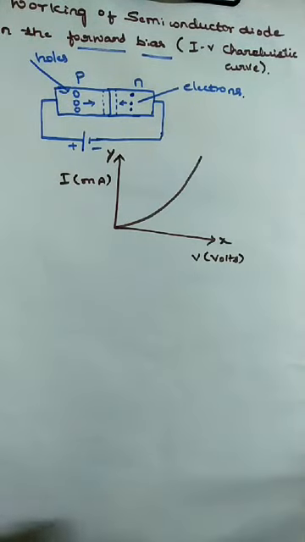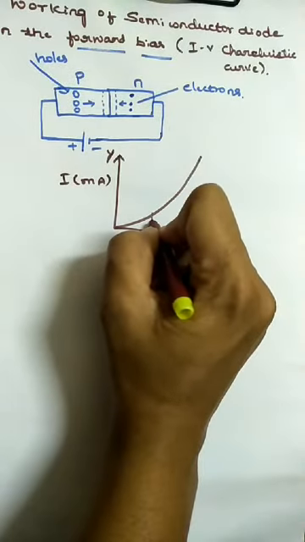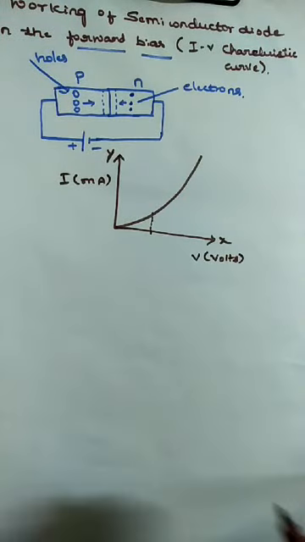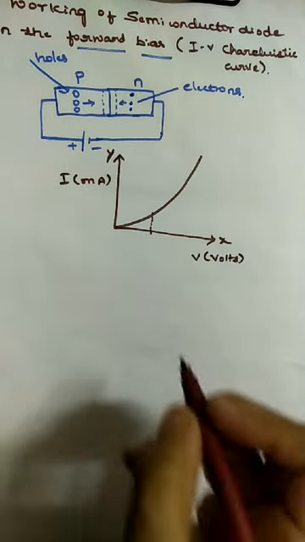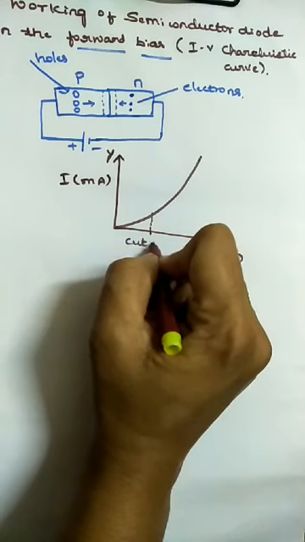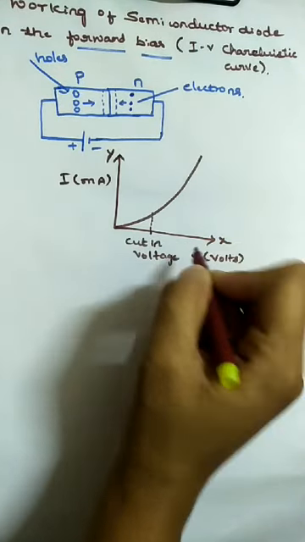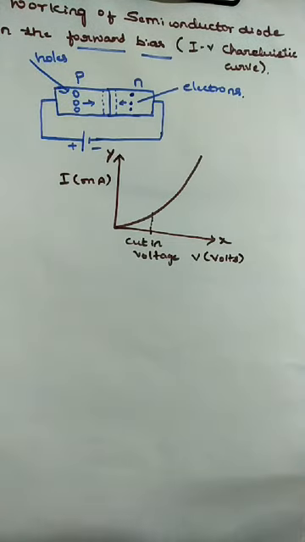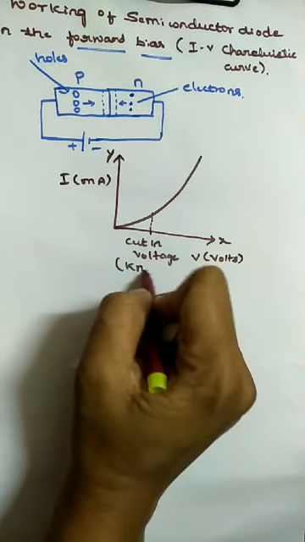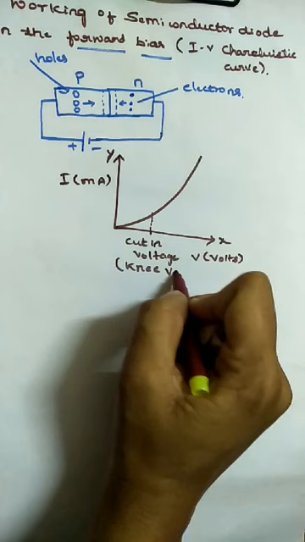At this region we have the cut-in voltage, also called the knee voltage.